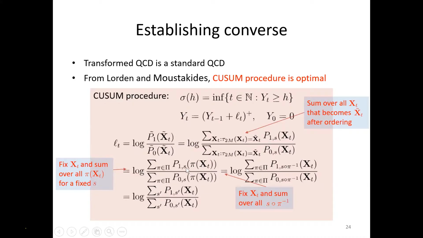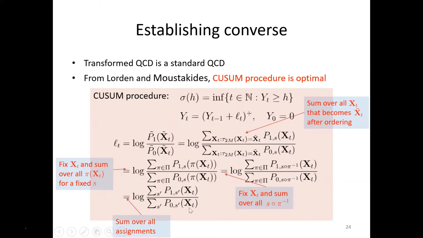Here we are fixing S and summing over all the permuted X, and now here we fix X and sum over all the permuted assignments S. And this is the same as summing over all the S.